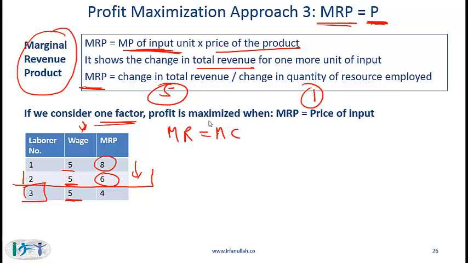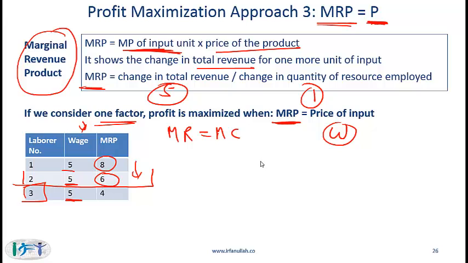Here we are looking at a productivity perspective, and we are saying that profit is maximized when the marginal revenue product for labor is equal to the price of labor, which is the wage rate.